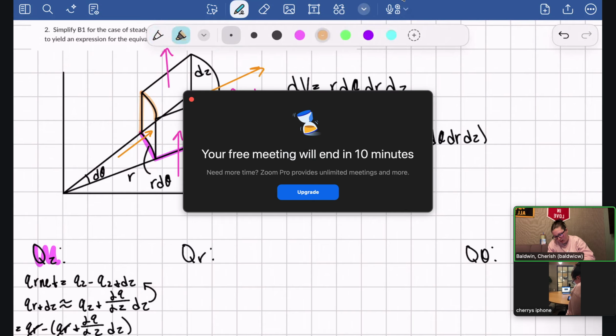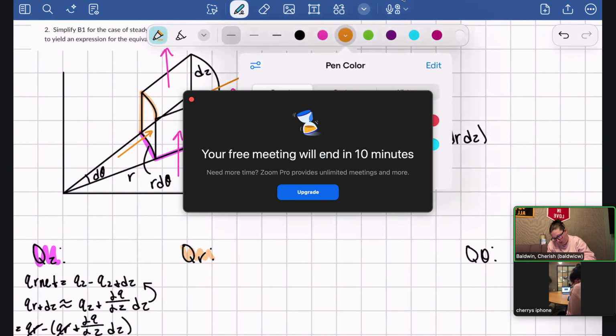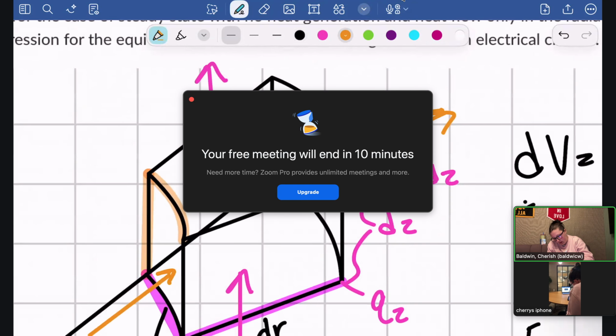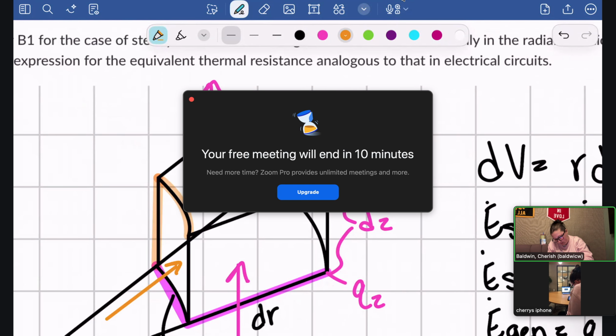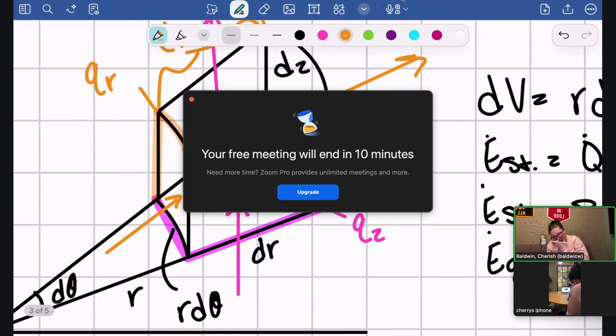I'm going to highlight that just to help me stay organized. So we're going to call this position Qr and this one Qr plus dr, because this distance is dr, like I said earlier.